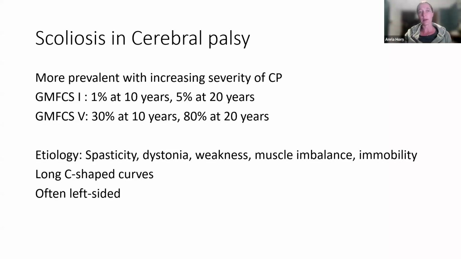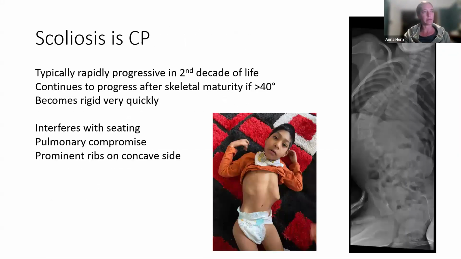But they also get quite specific curves, so they don't get your typical AIS thoracic curves. They get these long C-shaped curves, and it's often left-sided. And then they get this situation. So you see these ribs. If it gets really bad, they get what they call costopelvic impingement, where the ribs are impinging on the pelvis. This is how bad it gets.